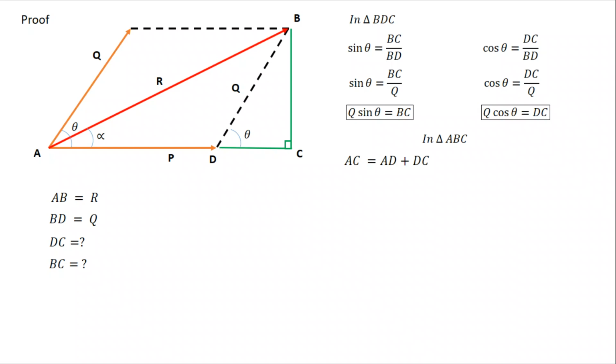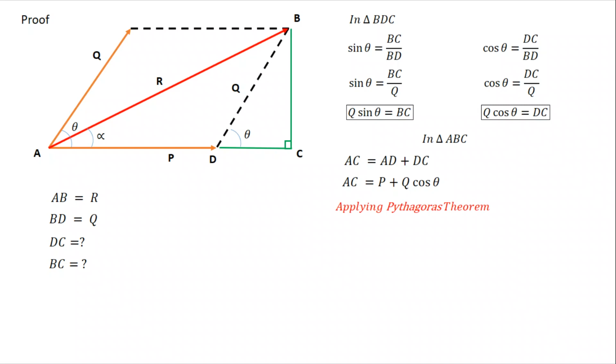The AC length is AD plus DC. AD is known, AD is nothing but the vector P. So P plus DC, which we already calculated as Q cos theta. So put this value, P plus Q cos theta. So this is the AC.